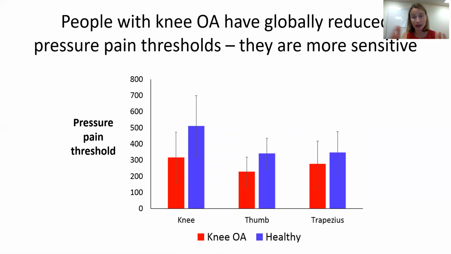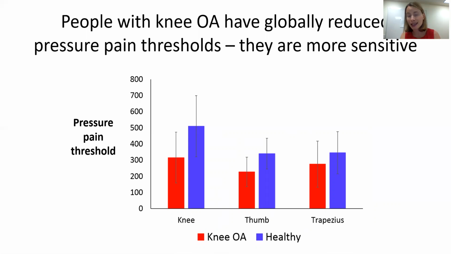They're more sensitive than healthy pain-free controls, but they're also more sensitive at the thumb as well as at the trapezius site. So that almost suggests more a global sensitization, a sensitization of the system itself. And we typically call this idea central sensitization.